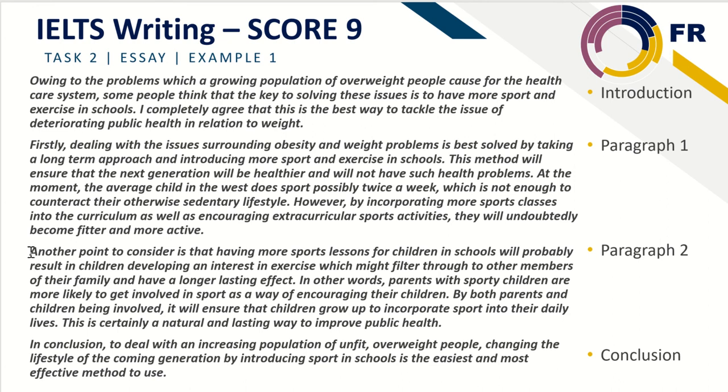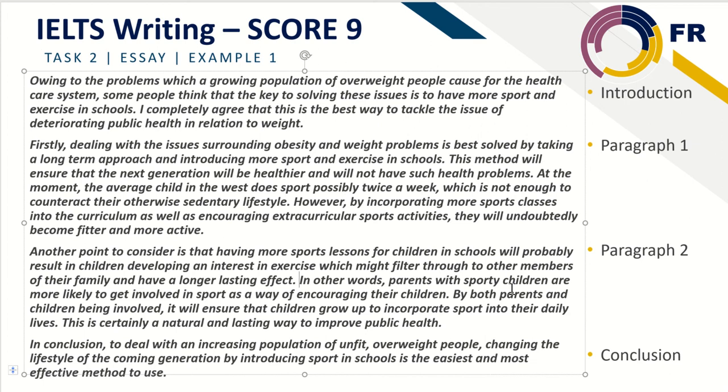Now, what you mentioned here is: "Another point to consider is that having more sport lessons for children in schools will probably result in children developing an interest in exercise, which might filter through to other members of their family and have a longer lasting effect." Basically, you've outlined what you're going to write here and you're going to add on.